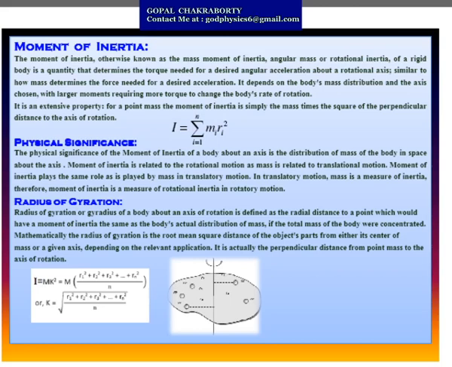Mathematically, the radius of gyration is the root mean square distance of the object's parts from either its center of mass or a given axis, depending on the relevant application.